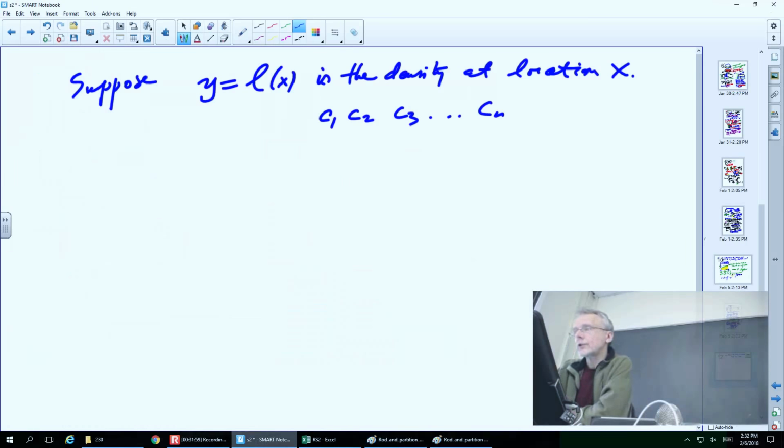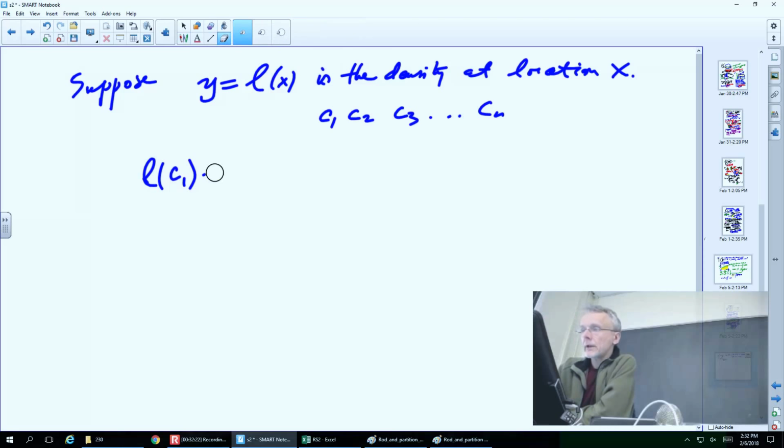Okay, so function, density, delta x's suppose have been supplied, and then what I do is I create L of C1 times delta, well, now first multiply by the lever first, so it will be x minus C1, and then by delta x.